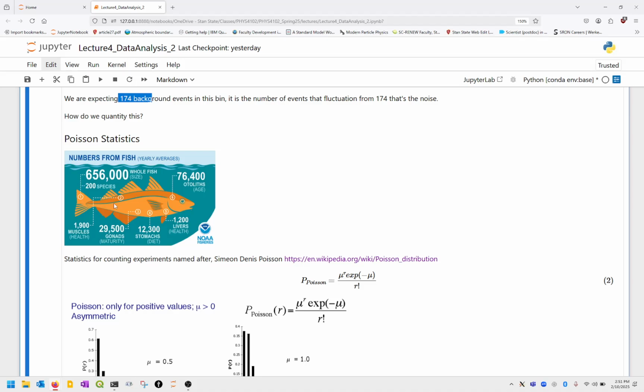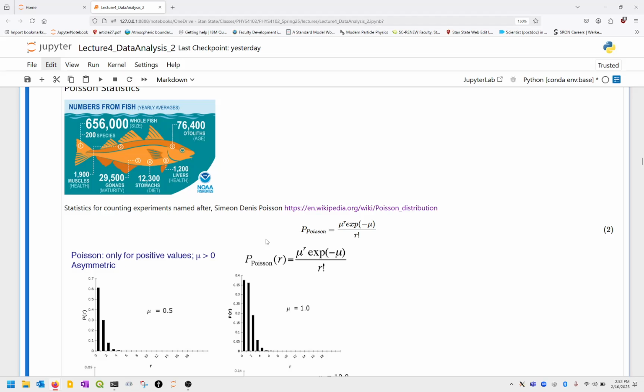And he came up with this distribution called the Poisson distribution, which allows you to count events from a counting experiment and convert the number of events you get into the probability of you seeing that particular number, given some average. And this is some crazy equation. P Poisson is a function of r.